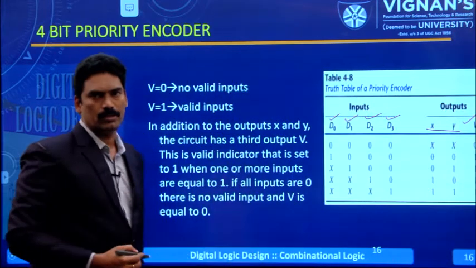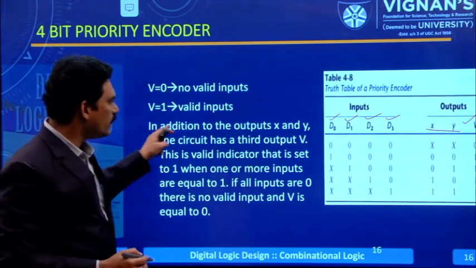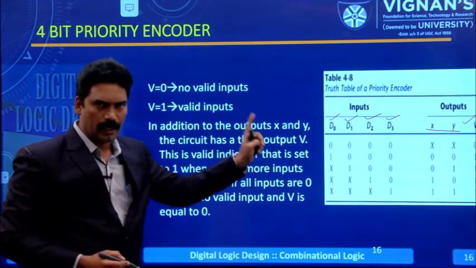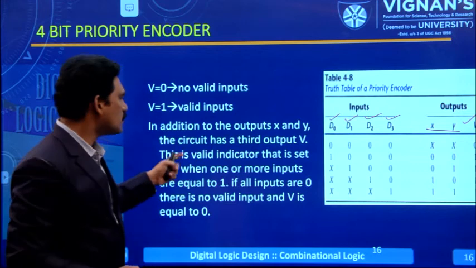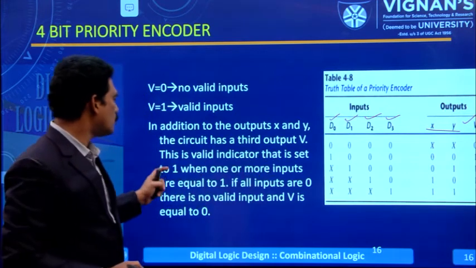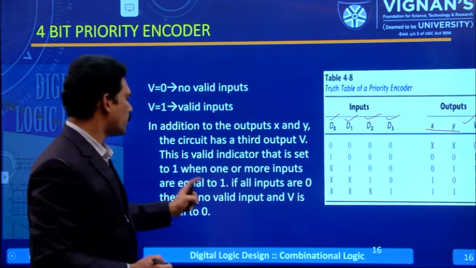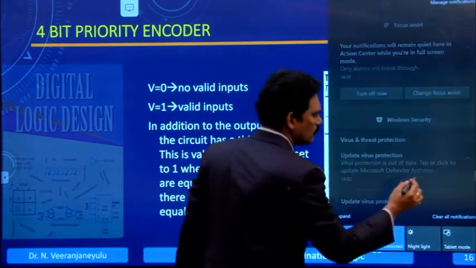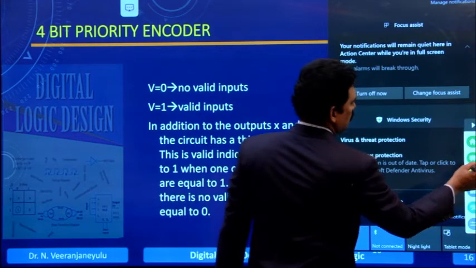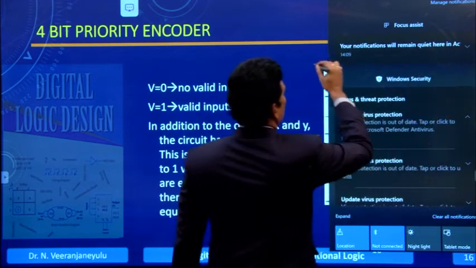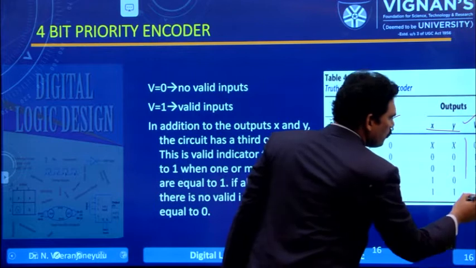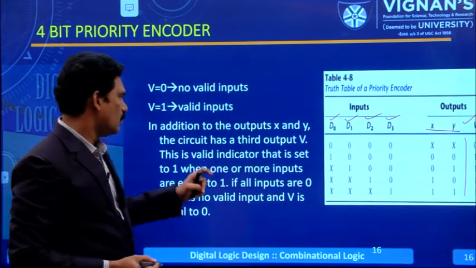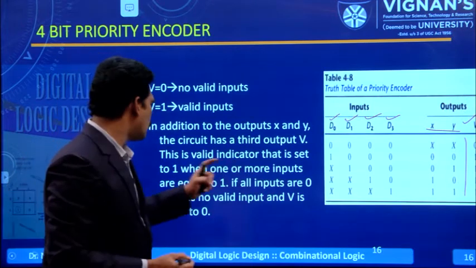What is that output? In addition to the outputs X and Y, the circuit has a third output V. This is the valid indicator, which is set to 1 when one or more inputs are equal to 1.